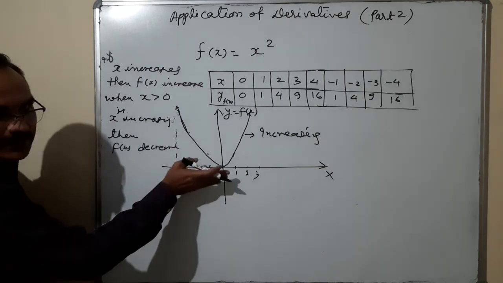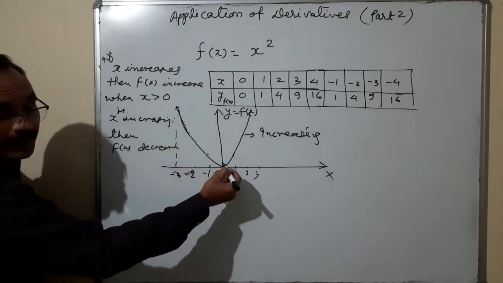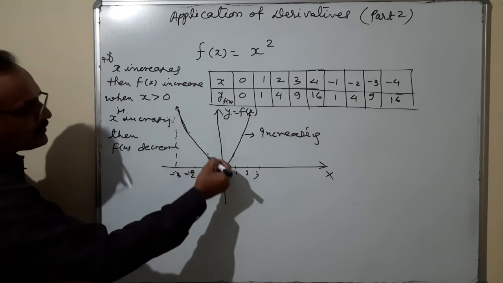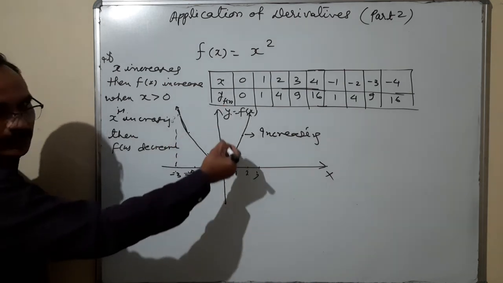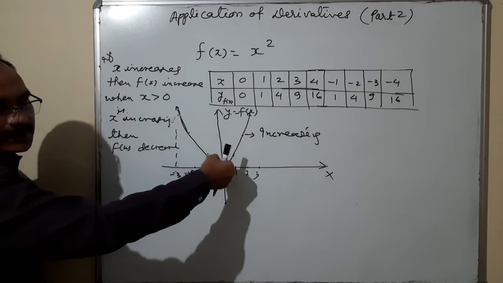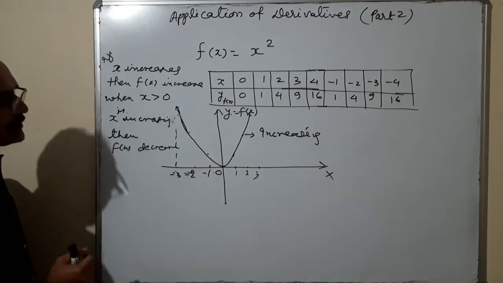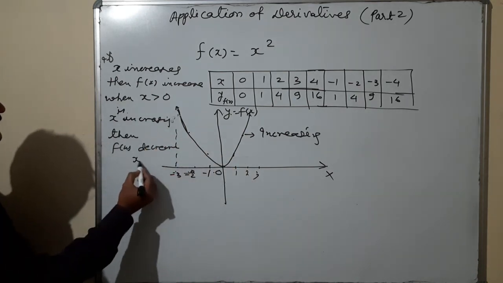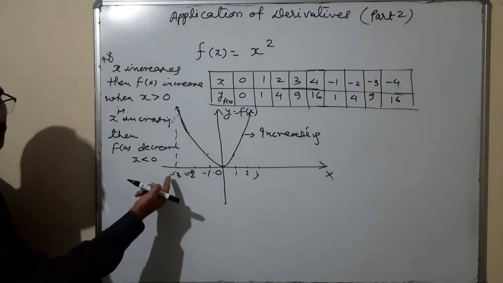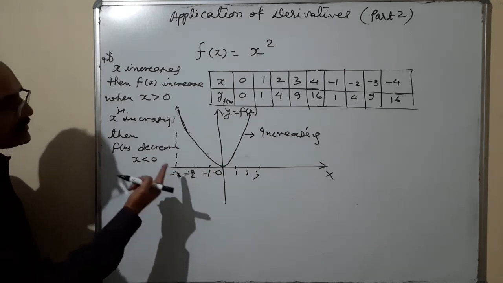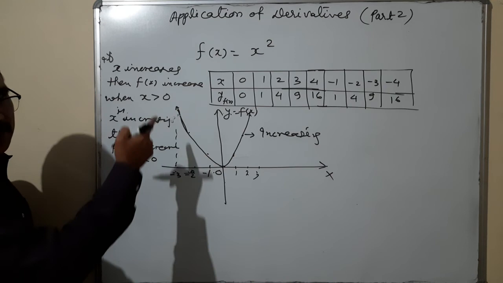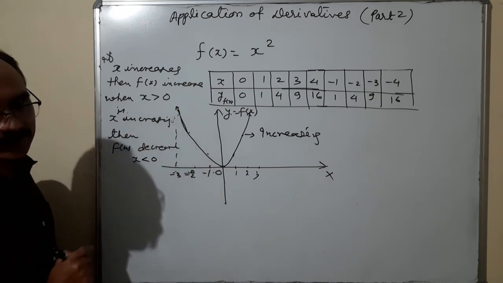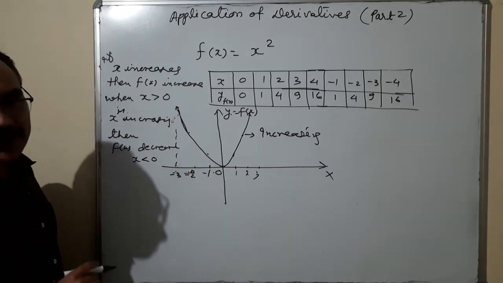So the value of x is increasing, but f of x is decreasing. f of x is along the y-axis, and you can see that along the y-axis it is decreasing. So on the left hand side, when x is less than 0, one variable is increasing but f of x, the second variable, is decreasing. So this function is a decreasing function.